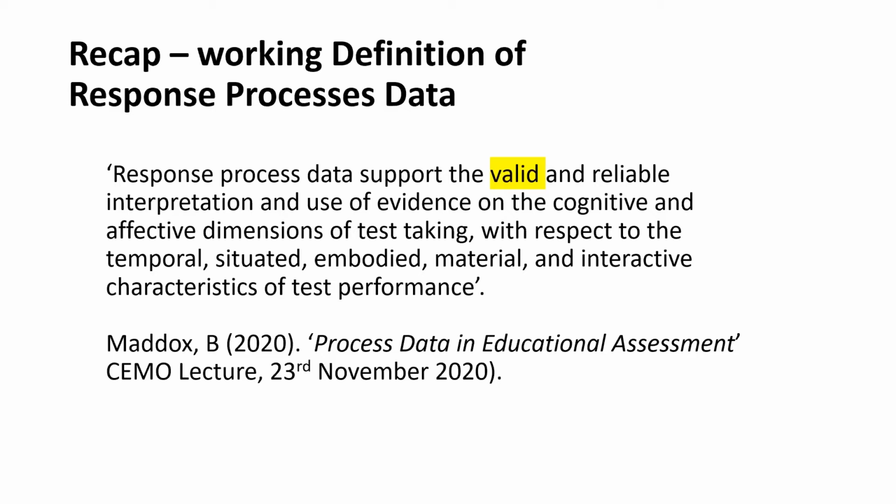However, if we look at the beginning of that working definition, I had put the words valid and reliable right in there amongst the definition of process data. It supports the valid and reliable interpretation and use. So that's what we're going to focus on today.